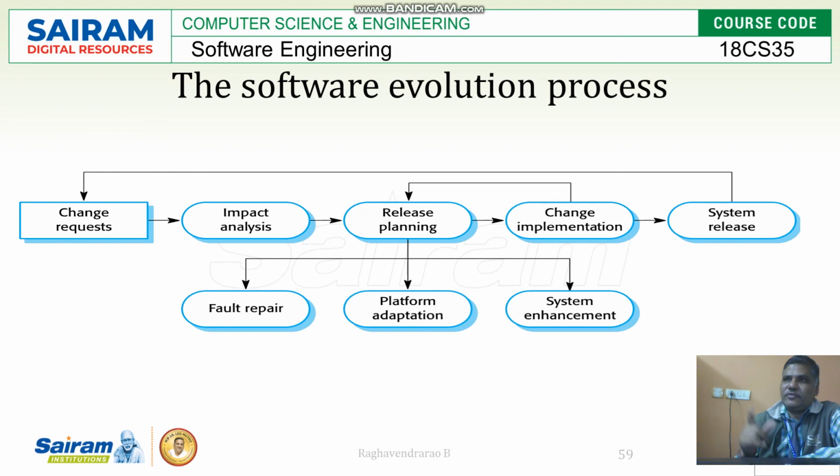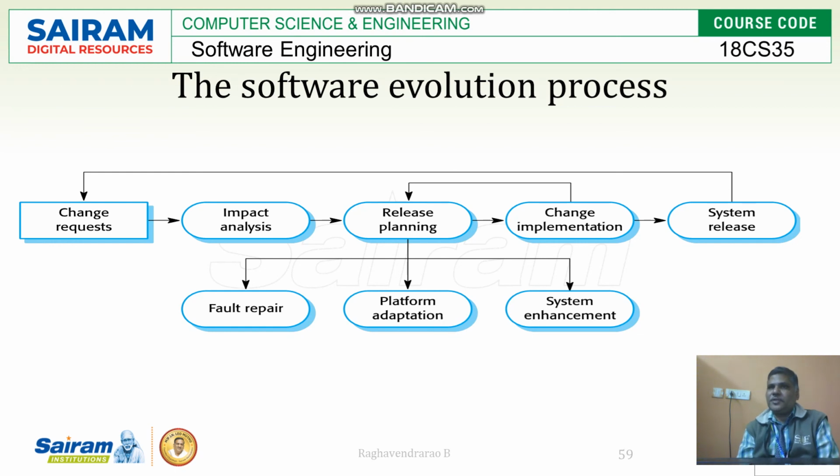From the system release back to the change request, the loop repeats. Whenever a change request comes, the implications and impacts for that particular product should be analyzed. Then release planning, exhaustive testing has to be done. There should not be any fault errors, platform adaptation should be present, and system enhancement, because the change request may affect these things.